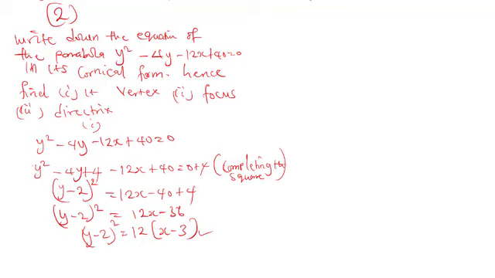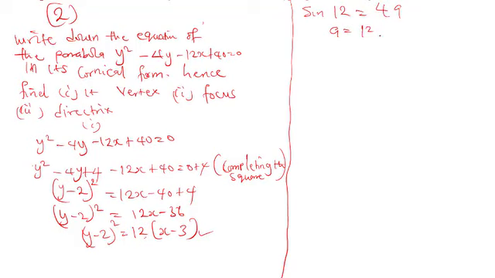In the second part, we are getting the vertex. From the equation, 12 is equal to 4a, so our a equals 12 divided by 4, which equals 3.